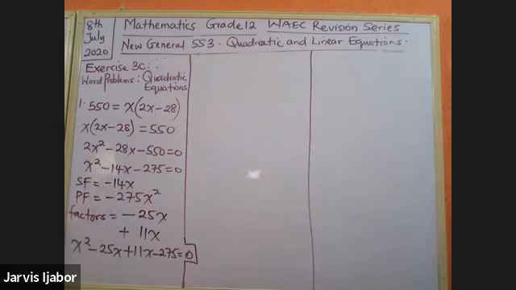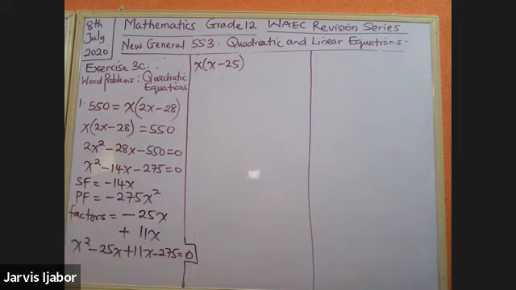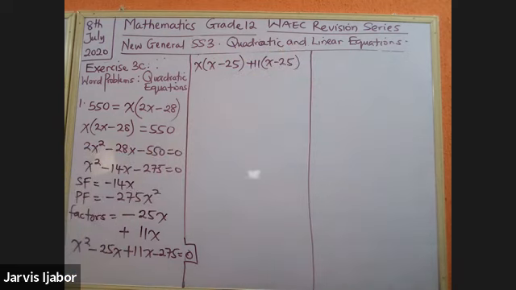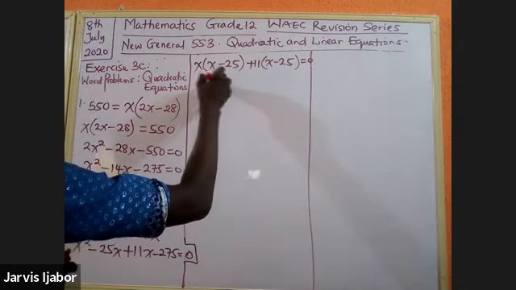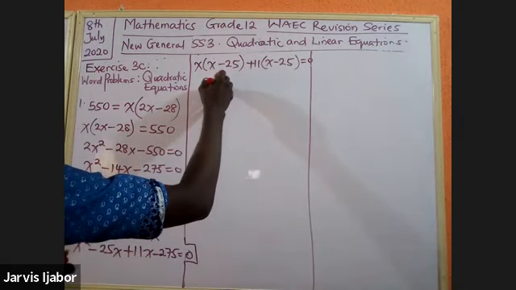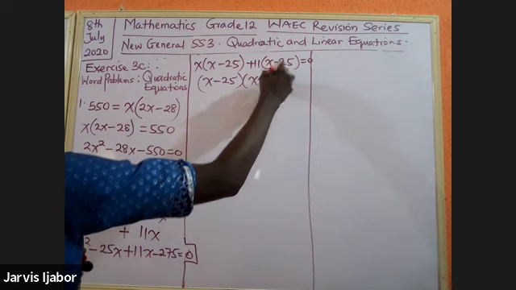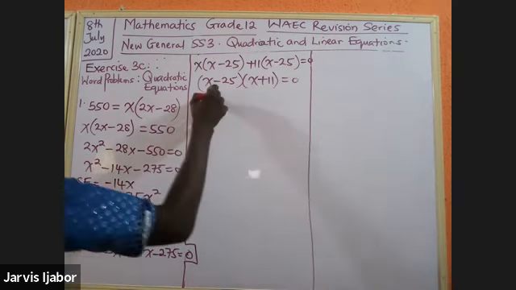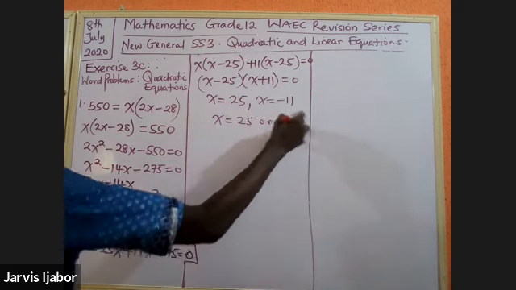Okay, so from here, I'm going to have x into x minus 25 plus 11 into x minus 25 equal to 0, meaning that x minus 25 will now go into x plus 11 equal to 0. Now, x will be equal to 25 and x will be equal to minus 11, meaning x is equal to 25 or minus 11.